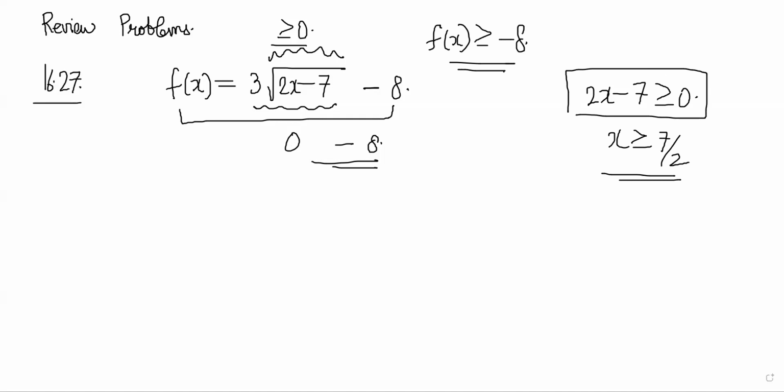Then 16.30. It says if f of x is 2x and g of x is x plus 1, you have to find the value of g of f of g of f of 1.